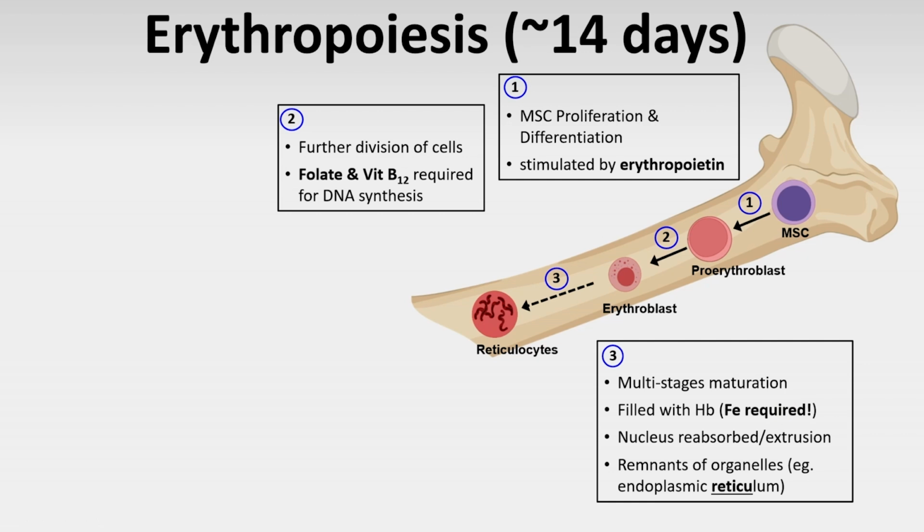And that's how iron deficient anemia comes about. When erythroblasts are being filled up with hemoglobin, that's when the red blood cell starts to grow in size as well. So if there's insufficient hemoglobin being synthesized, the red blood cells being formed would not be able to achieve the necessary size because they are simply not filled with enough hemoglobin.